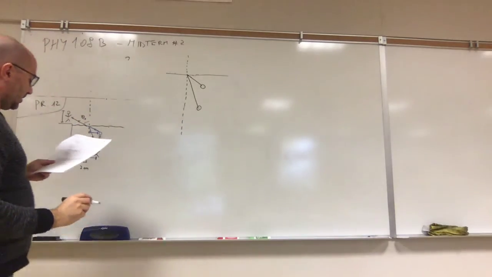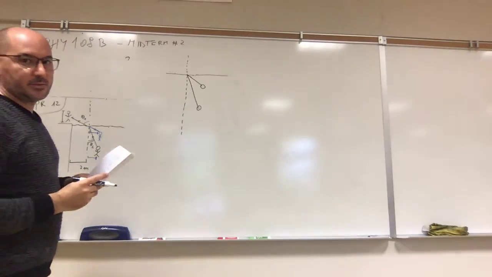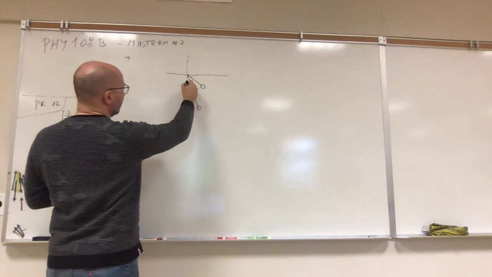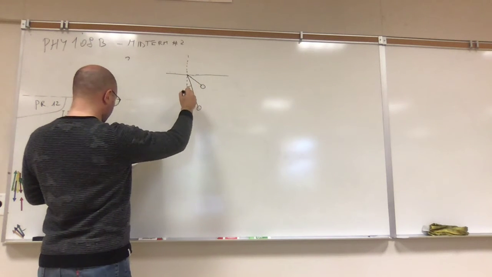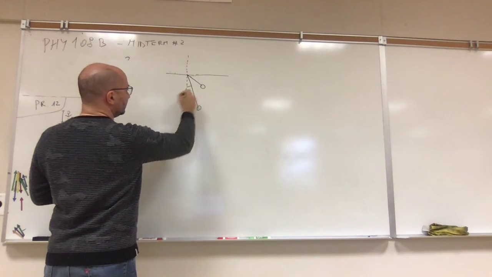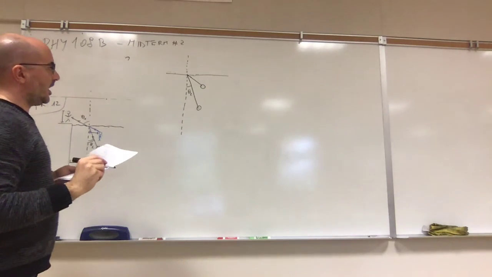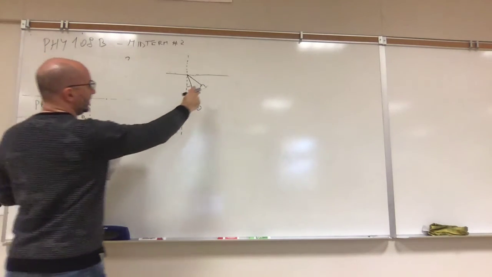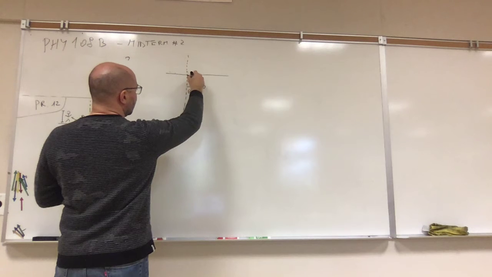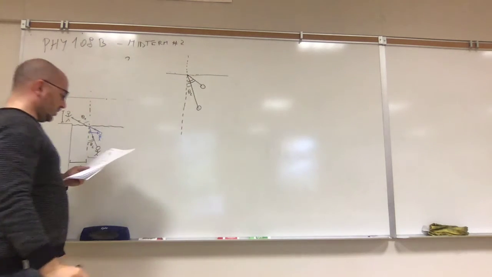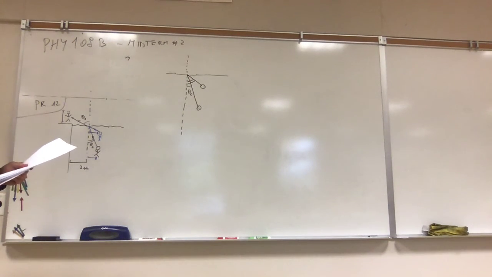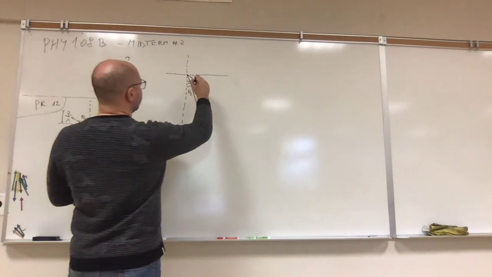So how many angles do we have? Well, we already have this angle over here, which for now I'm going to call theta 2. And then we have this other angle over here, which is the one that we will need eventually, which we call theta 1.